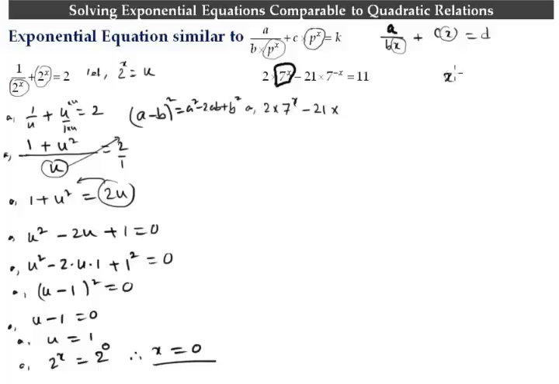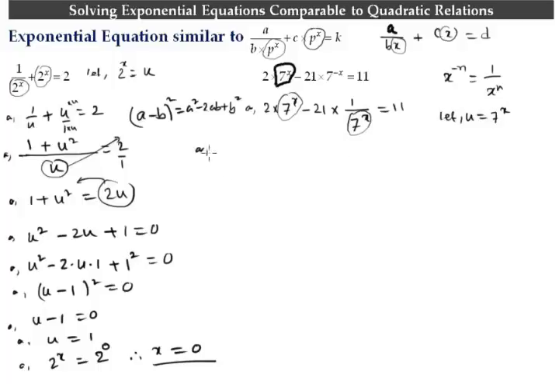We know that if we convert x to the power minus n to a positive power, it becomes 1 upon x to the power n. So 7 to the power minus x will be 1 divided by 7 to the power x. Now we will replace this 7 to the power x part by a new pronumeral u. So u equals 7 to the power x.